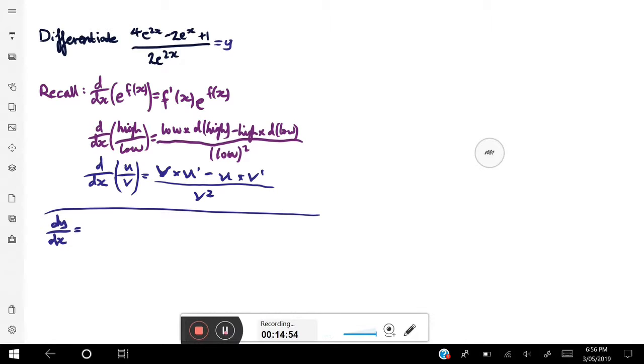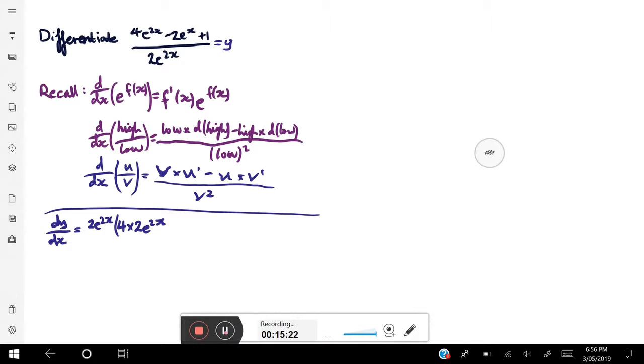Okay, so let's start off. So low d high. So the lower function, 2e to the 2x, times the high numerator differentiated. So your exponential, 4 times e to the 2x, is 4 times 2x differentiated, which is 2, and then e to the 2x.